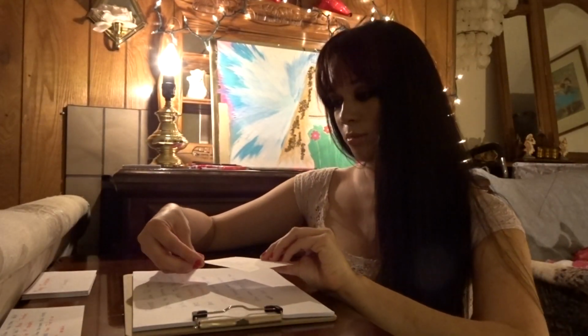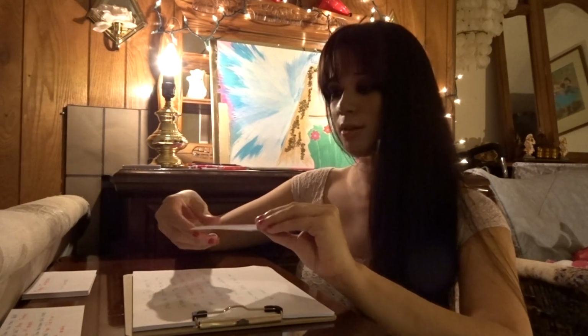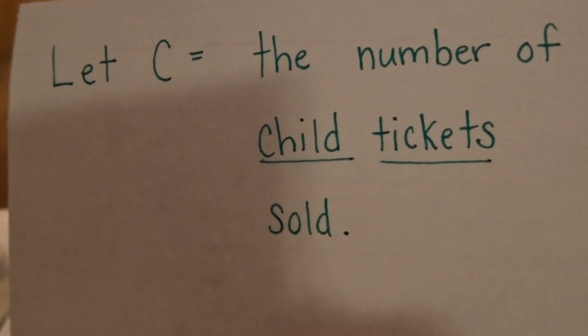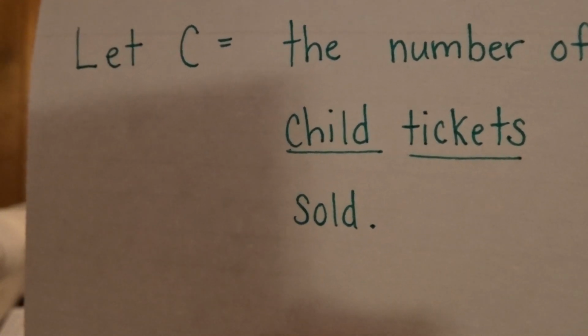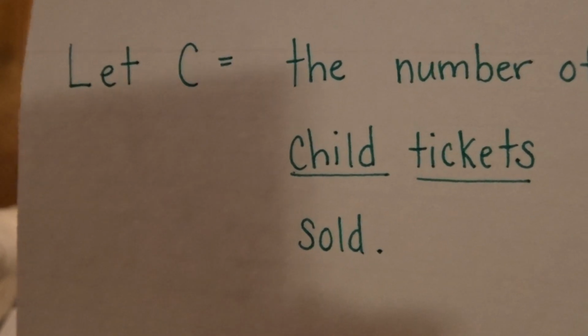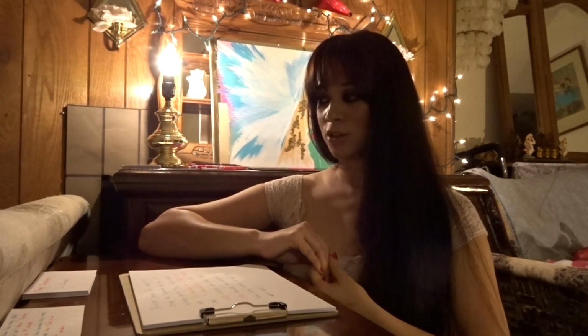We don't know how many children tickets were sold, so therefore we are going to let C equal the number of child tickets sold. And with all of this information, we can start to construct our money equation. So let's go ahead and do that.